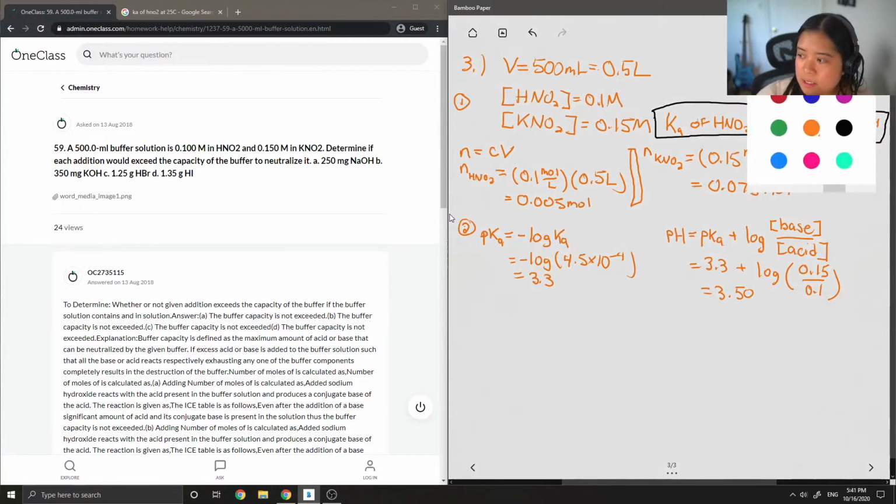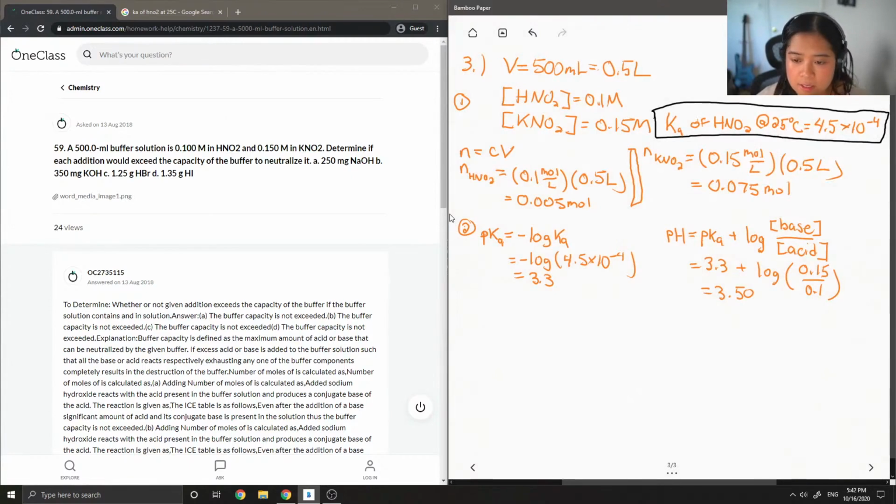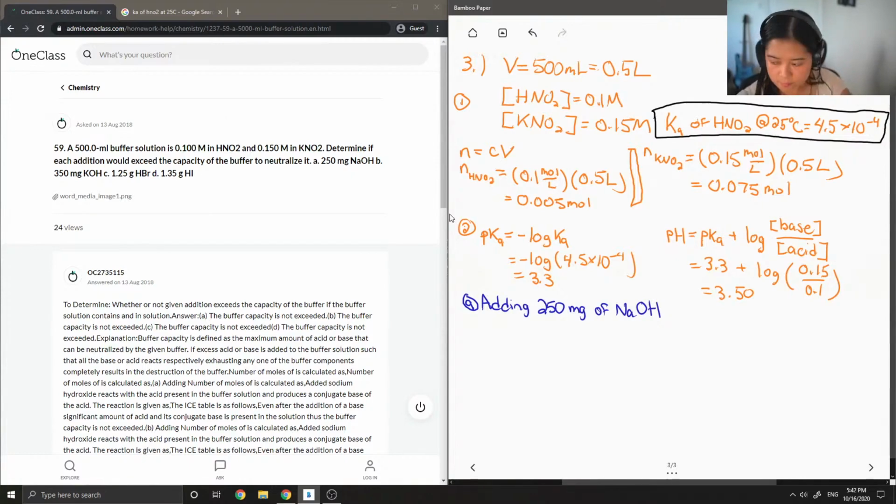Okay, so that's just setting up the question. Now we're going to see what happens if you add 250 milligrams of NaOH. Okay, so first I'm going to write down the molar mass of NaOH, which is 40 grams per mole.